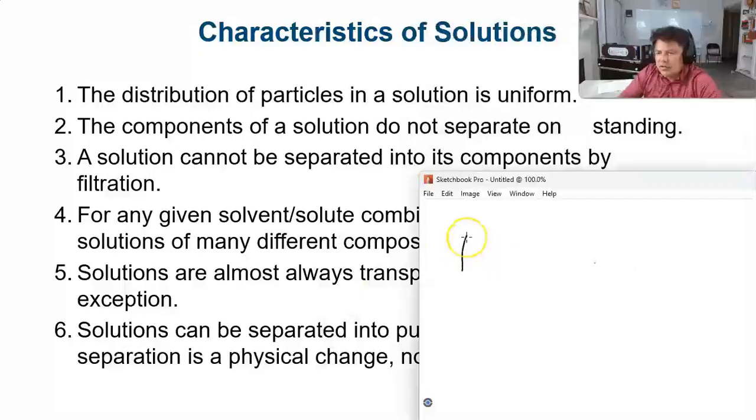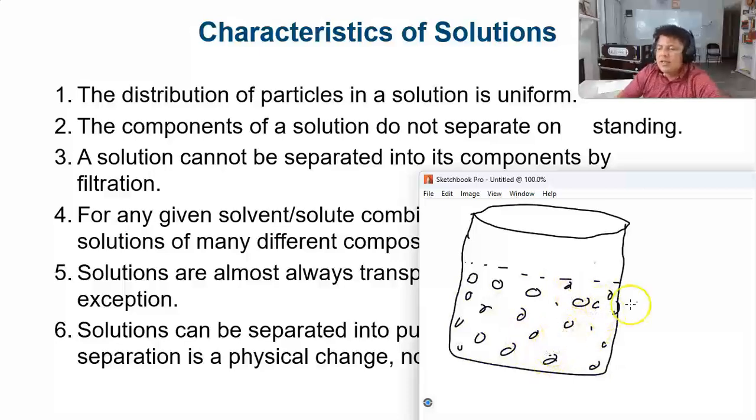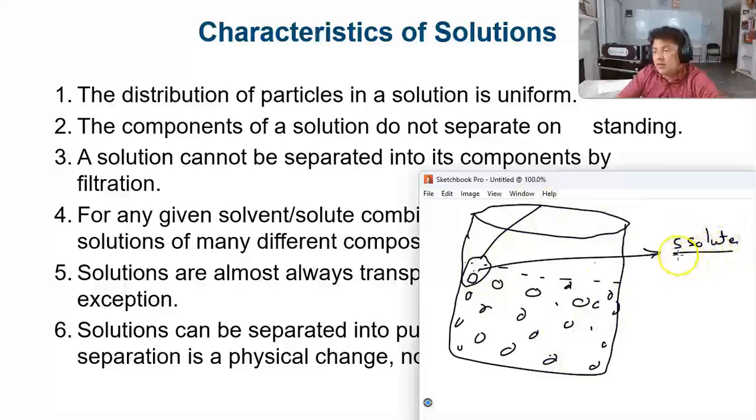For example, let's say this is one beaker and it has a solution up to this point, and let's say these are the solute particles in the solution. They are uniformly distributed. What does uniformly distributed mean? Take one spoon of solution from here, and if you look at it you find, for example, 5 solute particles and 100 solvent particles.